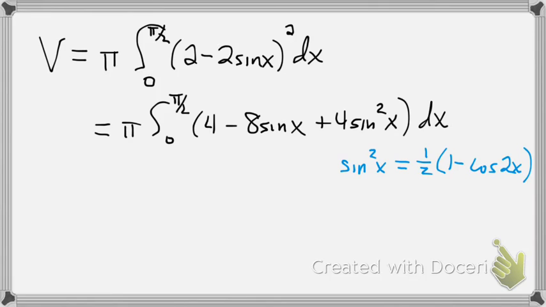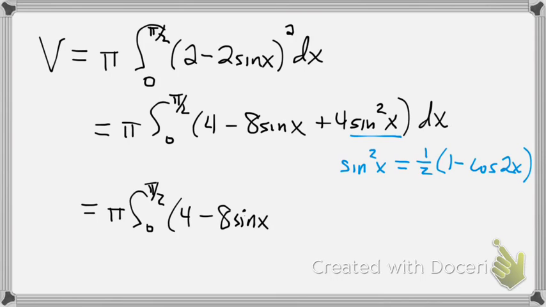So I'm going to substitute that in for sine squared. This means I've got pi, integral from 0 to pi halves, 4 minus 8 sine x, and then 4 times that power reduction formula is going to make that 2 minus 2 cosine 2x, right? Because half of 4 is 2.